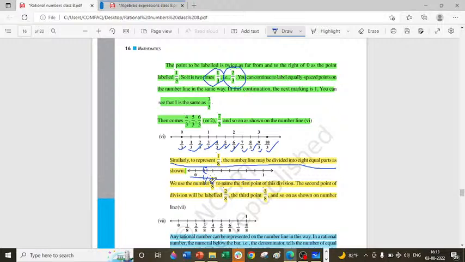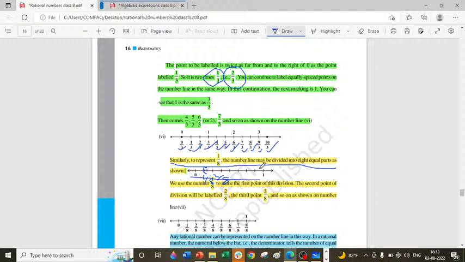The first one would be 1/8. The second one would be 2/8. And the third one would be 3/8. Fourth one would be 4/8. And then 5/8, 6/8, and 7/8, and 8/8.